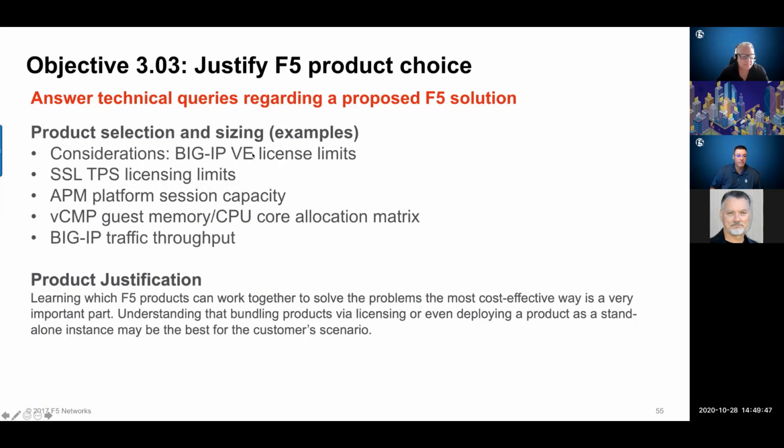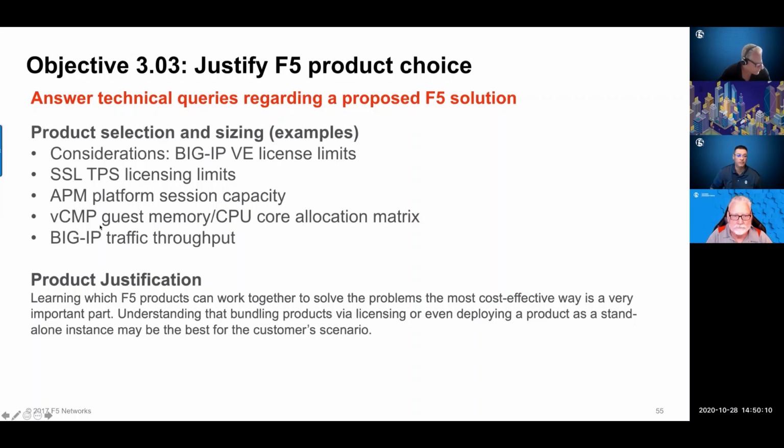And as I've been mentioning throughout the session today, maybe you want to run virtual editions for a solution, but that's not necessarily the best solution, because maybe the customer does a lot of SSL transactions, like Leif is mentioning here, TPS. It's better to propose a hardware solution than a virtual edition, or you can do a hybrid.